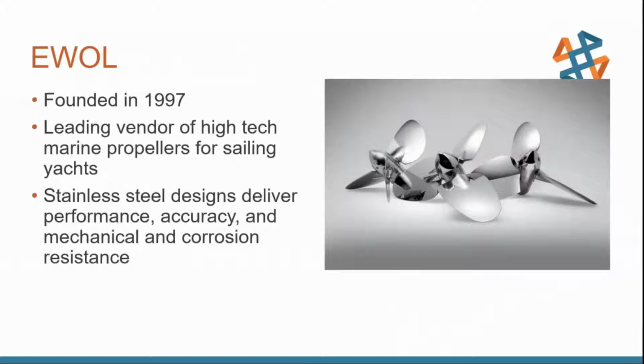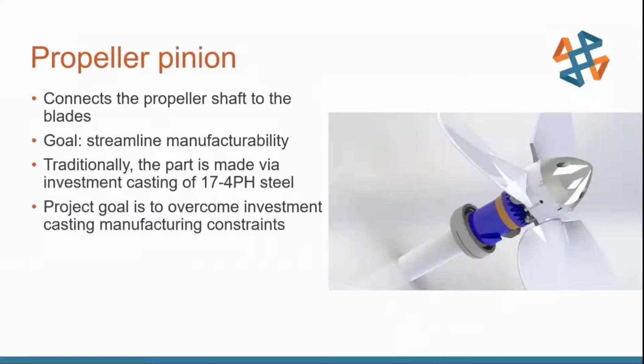But what they're doing with these propellers is that they have a very unique connection because they're actually able to control the angle of the propeller blades on the fly while using it. So they have an interesting connection pinion on it that is pretty costly for them to make. And they're making it out of investment casting of 17-4 PH metal, which is one of the exact materials that we can 3D print on the Studio System.